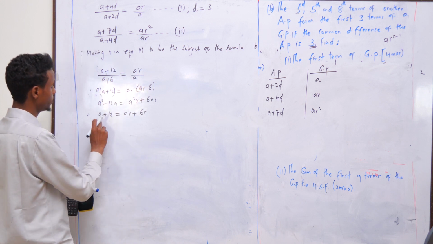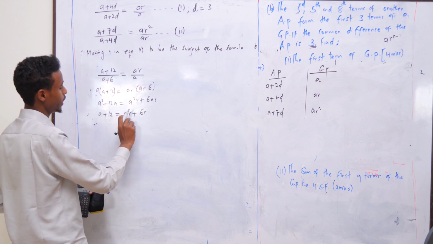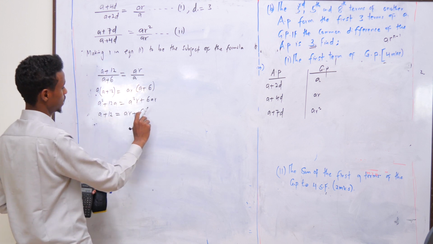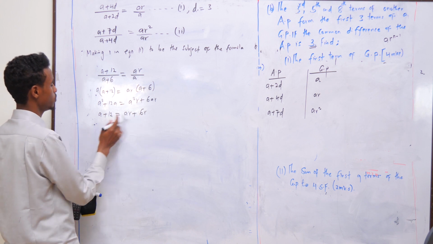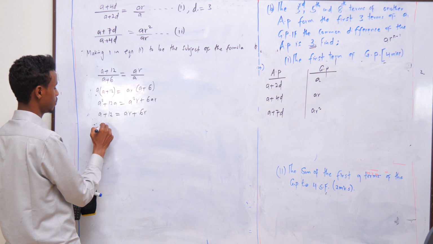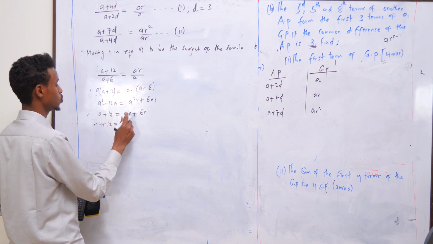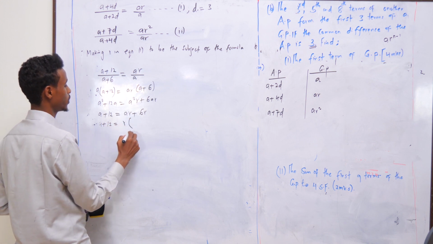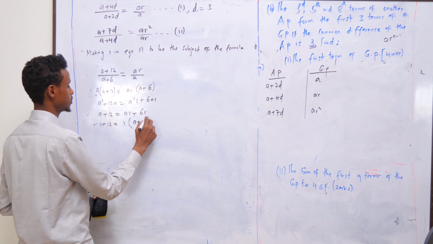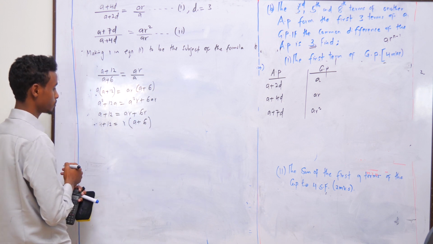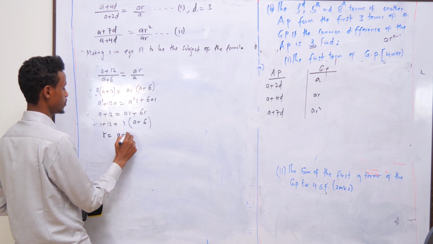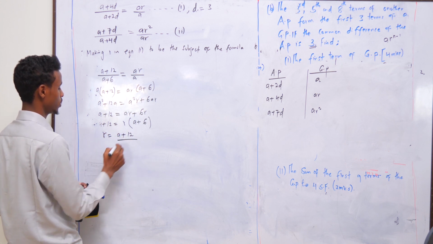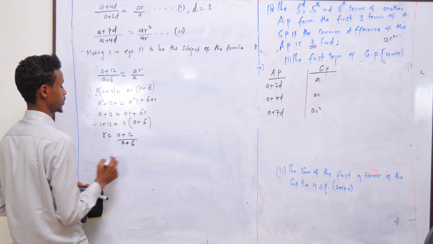A plus 12 is equals to AR plus 6R. Now, what can we do from here? Here we can do A plus 12 is equals to, what is the common factor? R into bracket A plus 6. Good. Again, you can say R is equals to A plus 12 out of A plus 6.